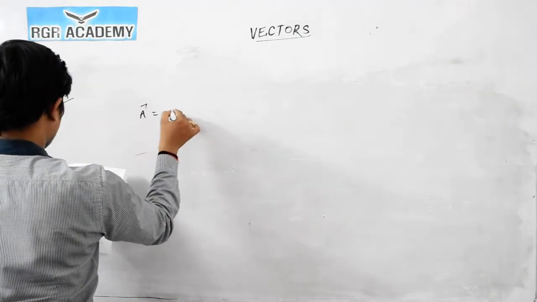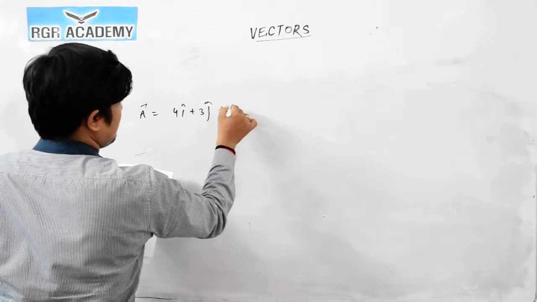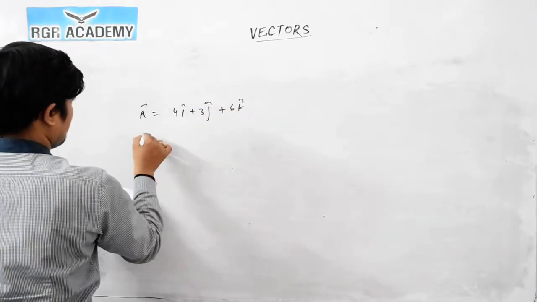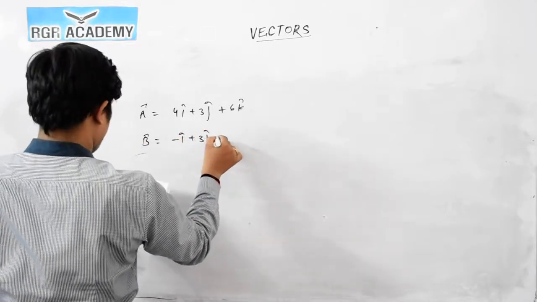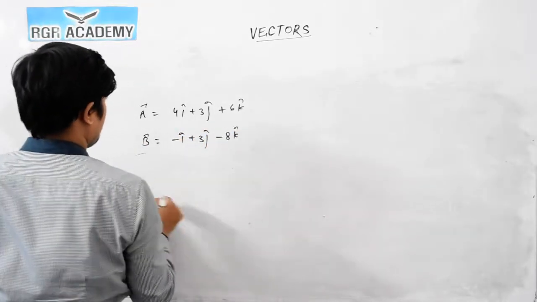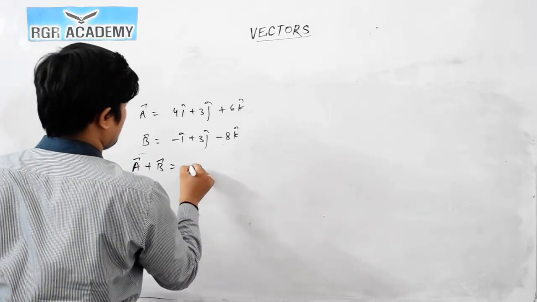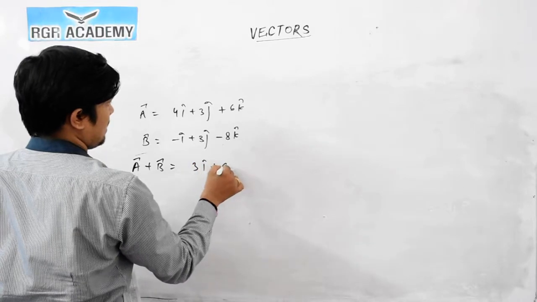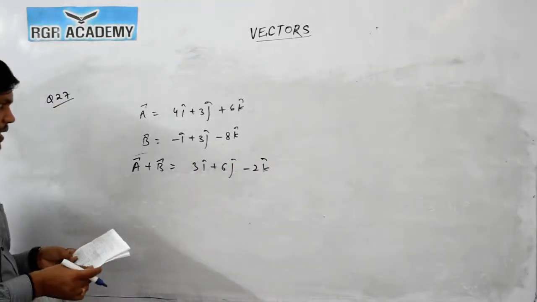Vector a is given as 4i cap plus 3j cap plus 6k cap, and b vector is given as minus i cap plus 3j cap minus 8k cap. So resultant is a vector plus b vector, that is equal to 3i cap plus 6j cap minus 2k cap. They are asking for the unit vector parallel to this.